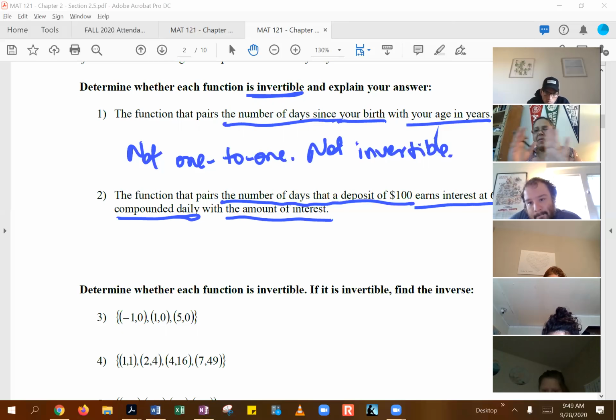Do you think there's going to be any overlap happening where for the same Y value, we will end up with two different X values? And in this case, you can think about, for the same number of days, will you have two different dollar amounts for the amount of interest?